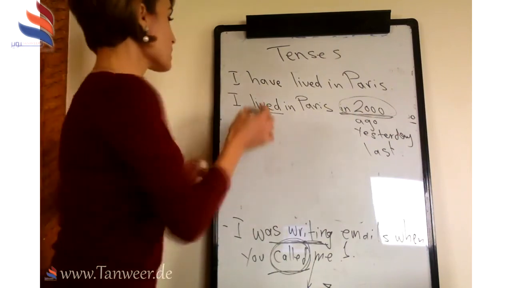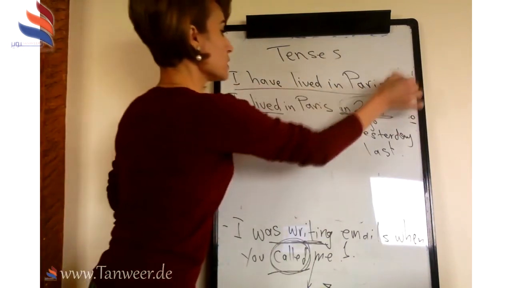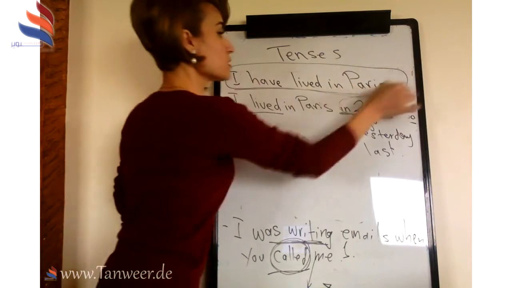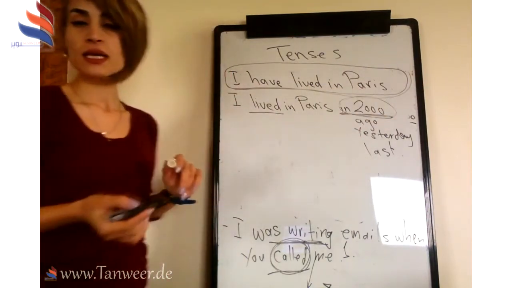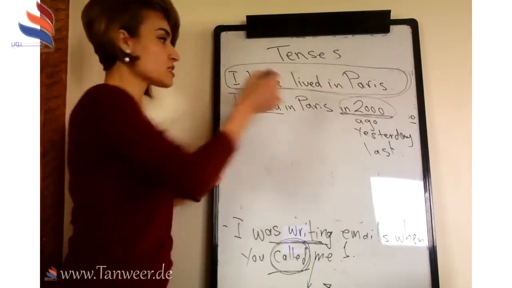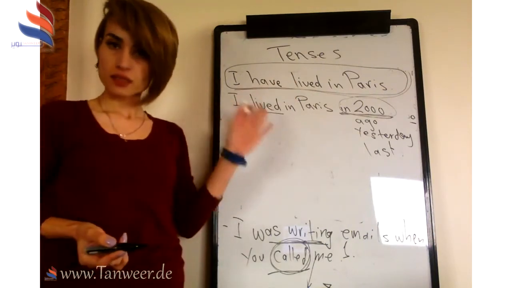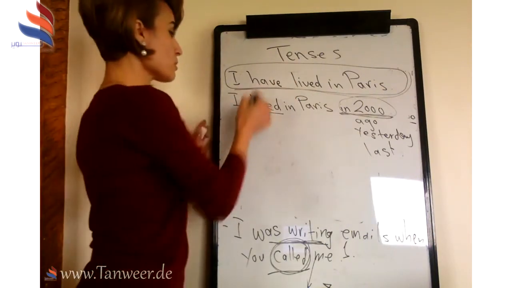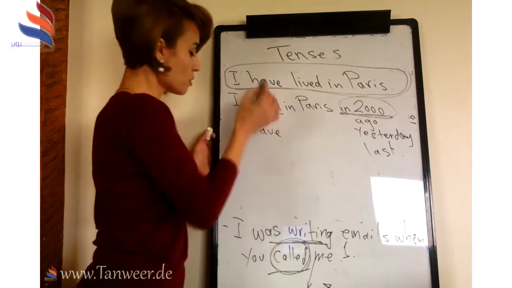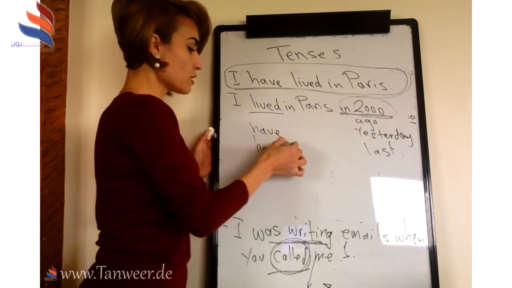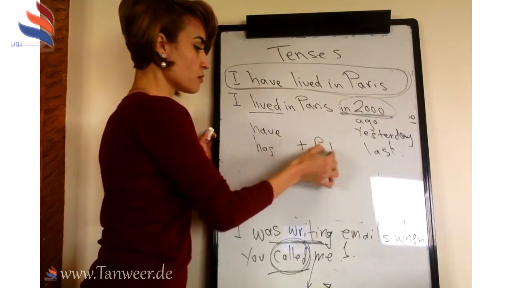Okay? The second sentence, I have lived in Paris. I don't have any definite time in this sentence. It's not important. The experience is what matters here. Okay? So, talking about present perfect, we use have or has, depends on the subject, plus past participle.